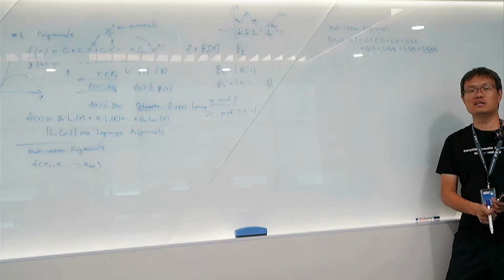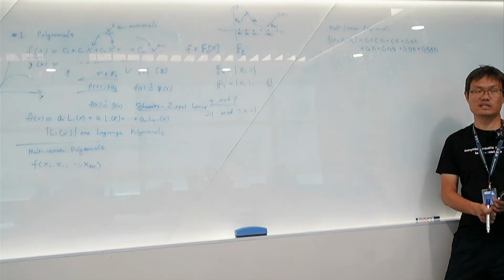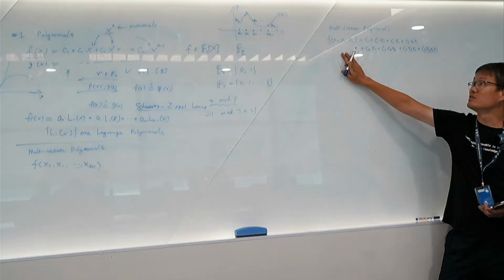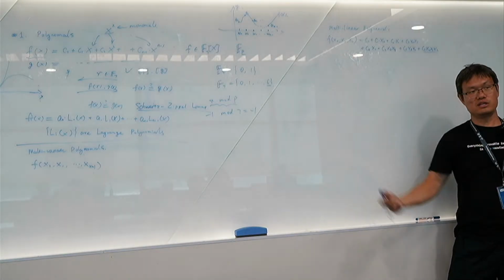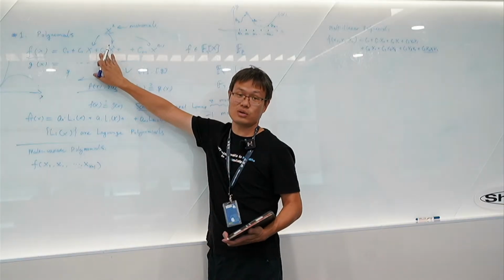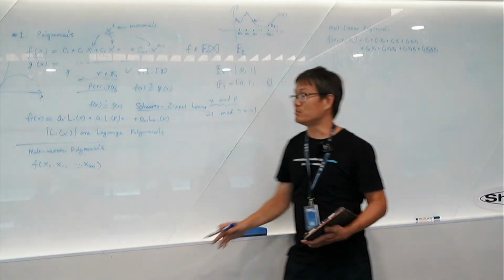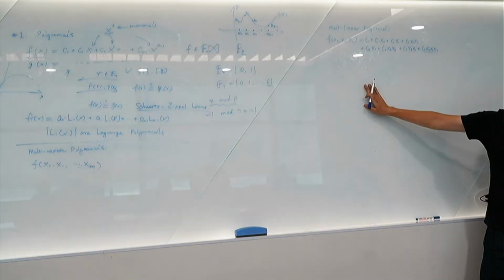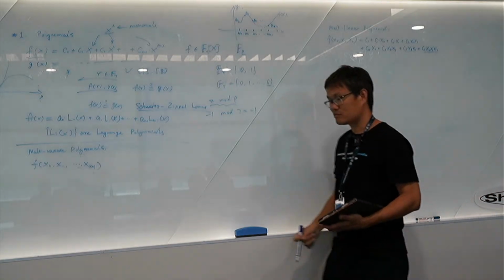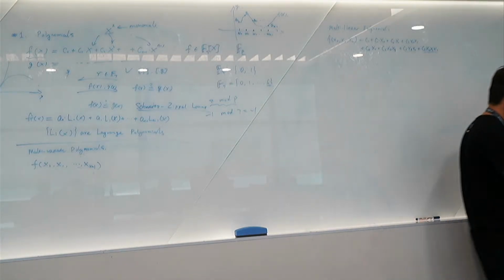The log of 1 million is about 20. So basically, we can use 20 variables to encode a 1 million long vector. The other way, we just use one variable, but here we use 20 variables.